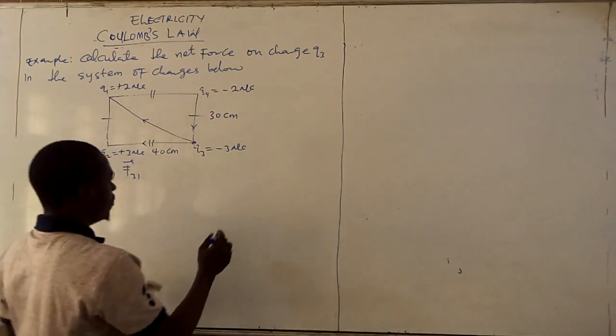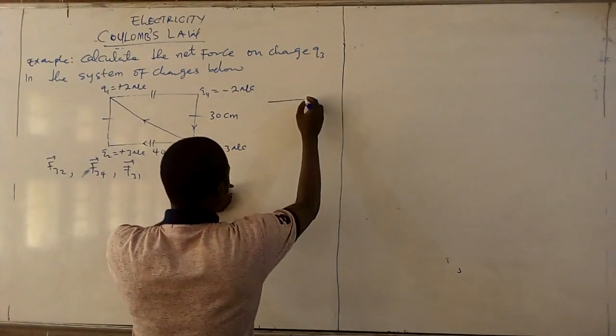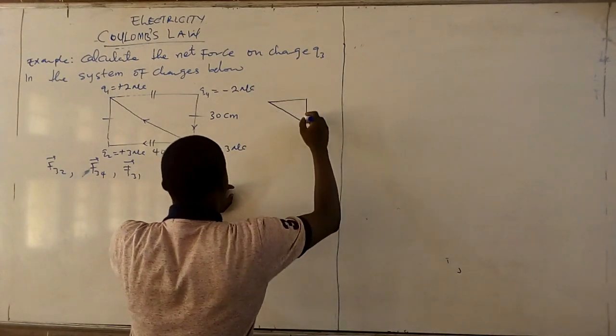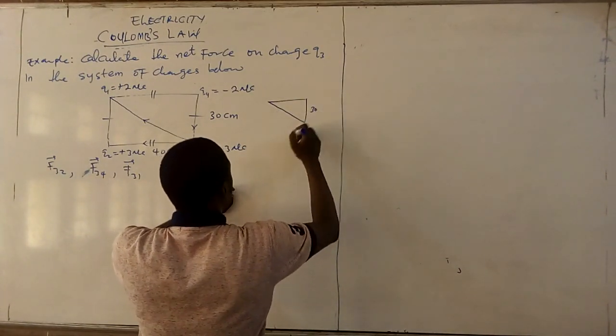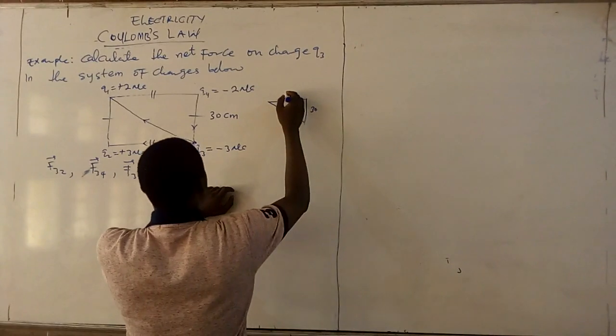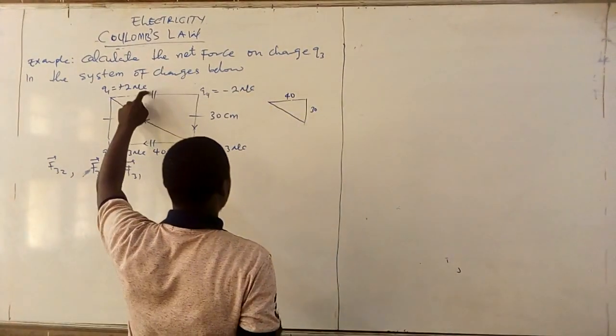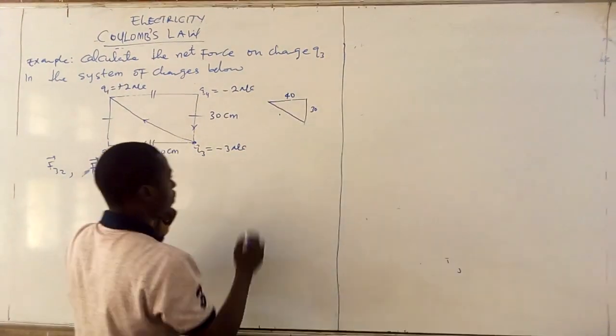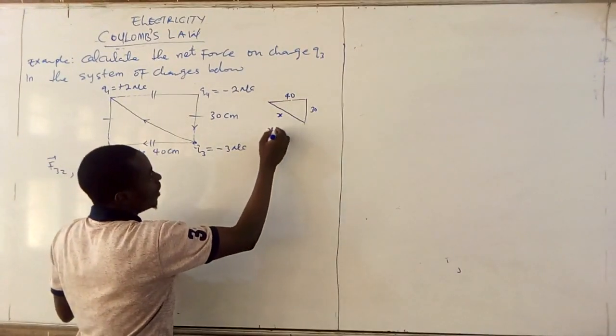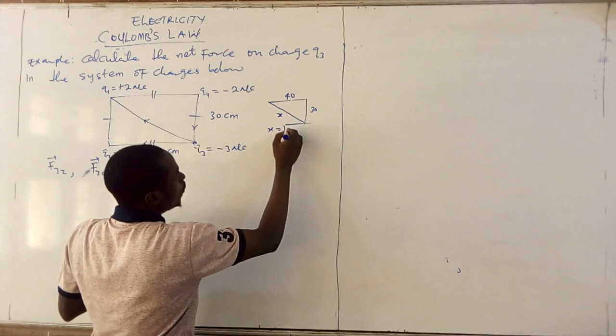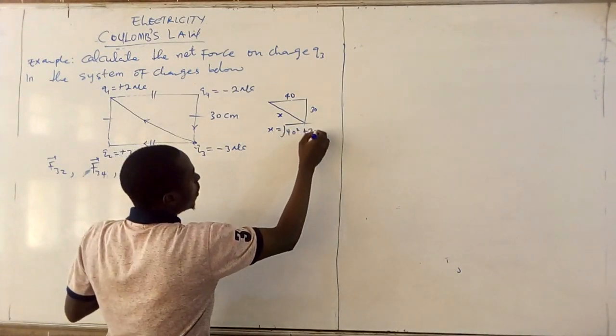So if I bring this triangle out, here we have 30 centimeter, here we have 40 centimeter. Let's call the hypotenuse x. Then x is equal to the square root of 40 squared plus 30 squared.